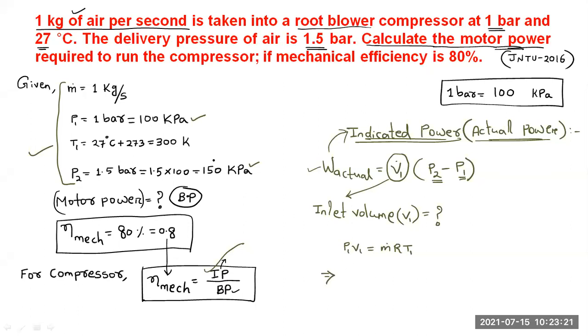What is P1? P1 is 100 kilopascal, so in place of P1 we write 100, into V1, which we have to calculate. That is equal to the mass flow rate, which is 1 kg per second, into capital R. Capital R is called the universal gas constant, and its value is 0.287 kilojoules per kg Kelvin.